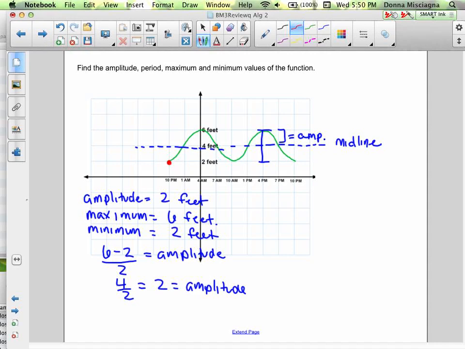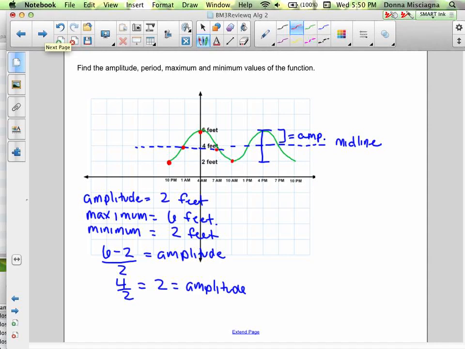So if I start here, sine starts at its low value, and then it goes to its midline point, and then it goes to its maximum value, and then it goes back to its midline point, and then it goes to its minimum value, and then it starts over again.